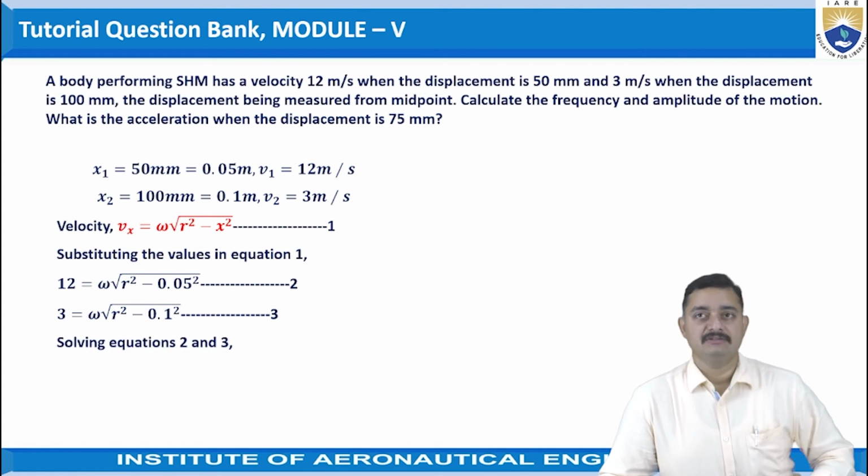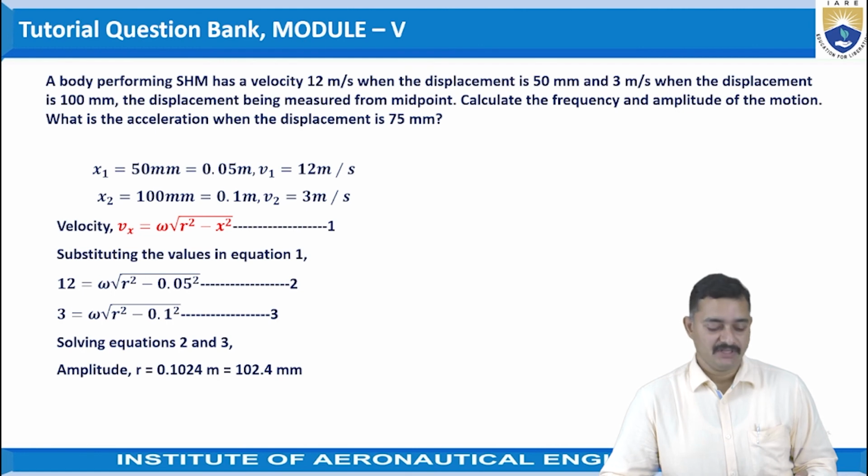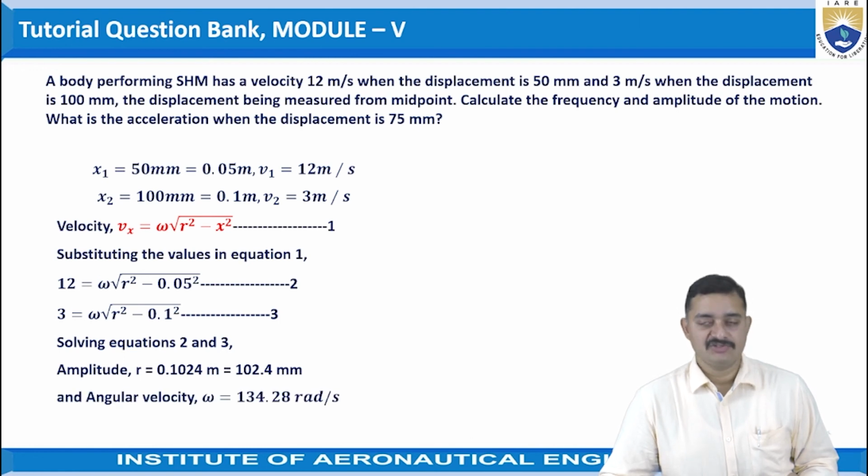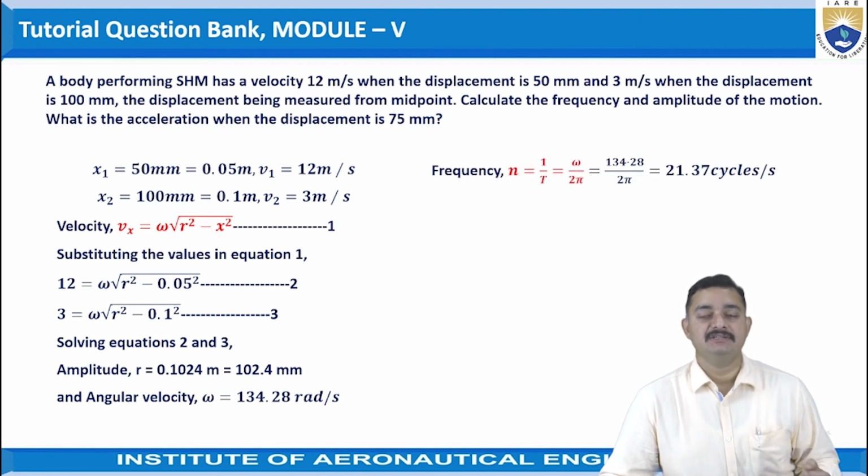Solving equations 2 and 3, we get amplitude r = 0.1024 meters, that is 102.4 mm, and angular velocity omega = 134.28 radians per second. The frequency n = 1/T = omega/2 pi = 134.28/2 pi = 21.37 cycles per second.